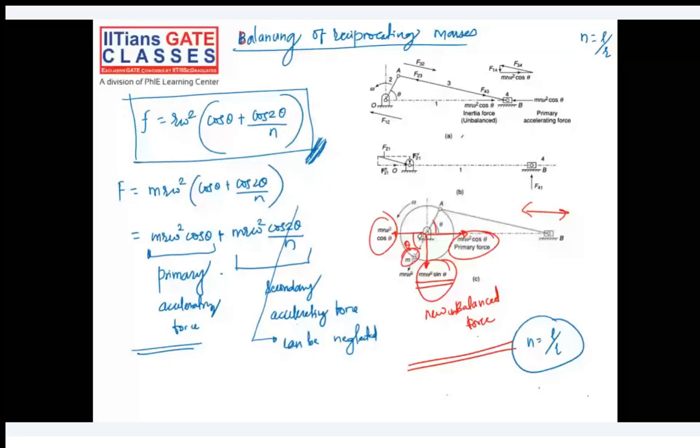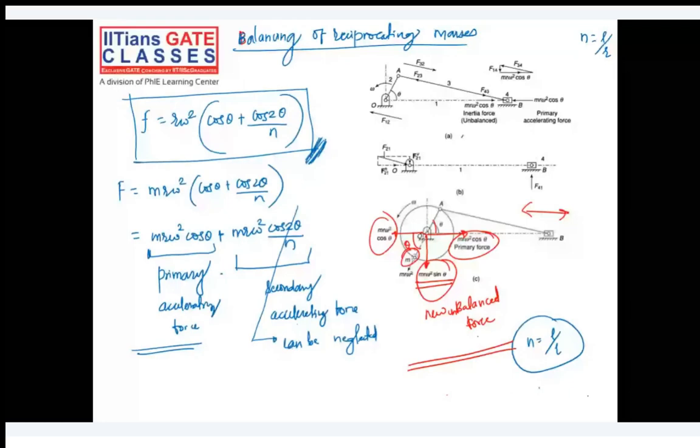So that's why we are making a compromise here, to balance out some fraction of the horizontal force at the cost of a new small amount of unbalanced force in the vertical direction, because it is more important to balance the force in the horizontal direction as they are dangerous compared to the vertical forces.